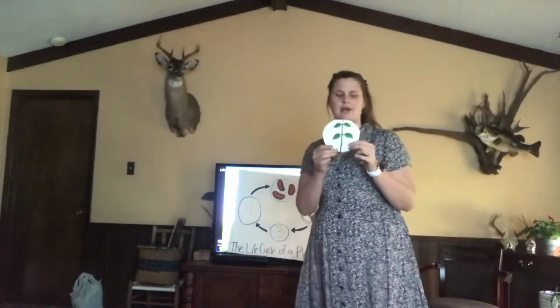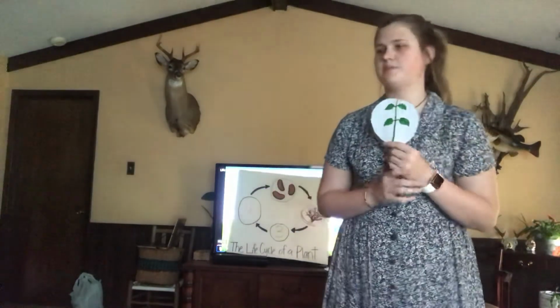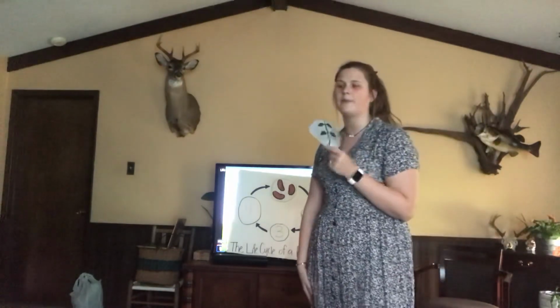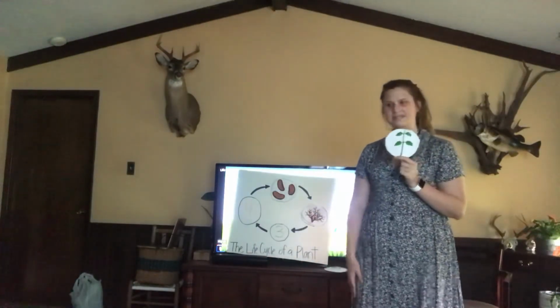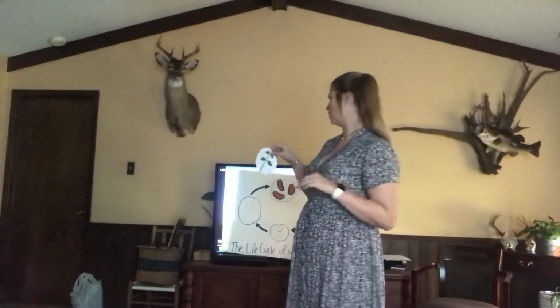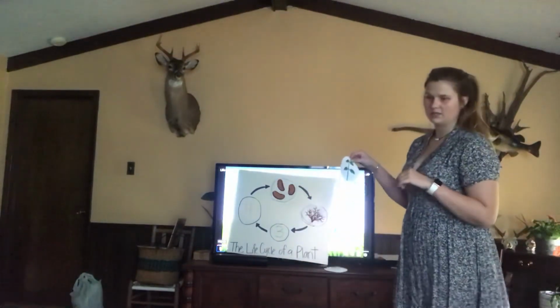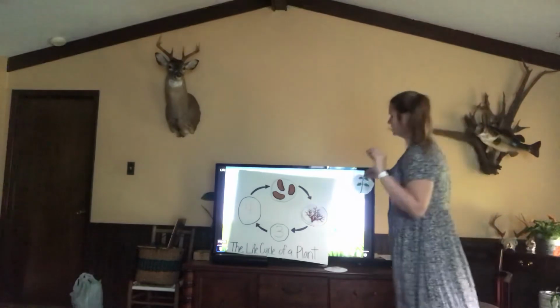Can anybody tell me what this is a picture of? Good job. This is a picture of the stem and leaves. What step was the stem and leaves? Step number 3. So what circle is that going to go in? The circle with the number 3.